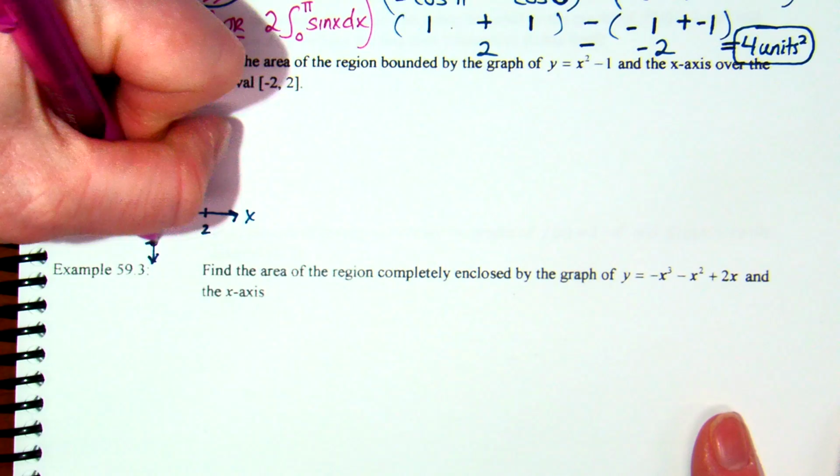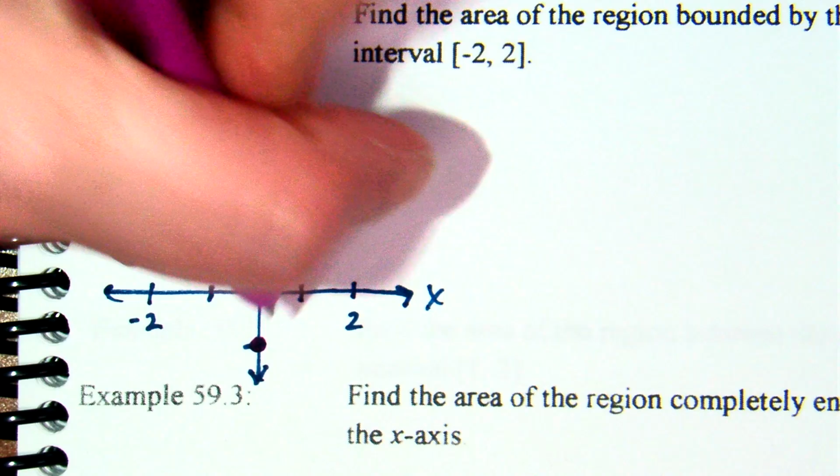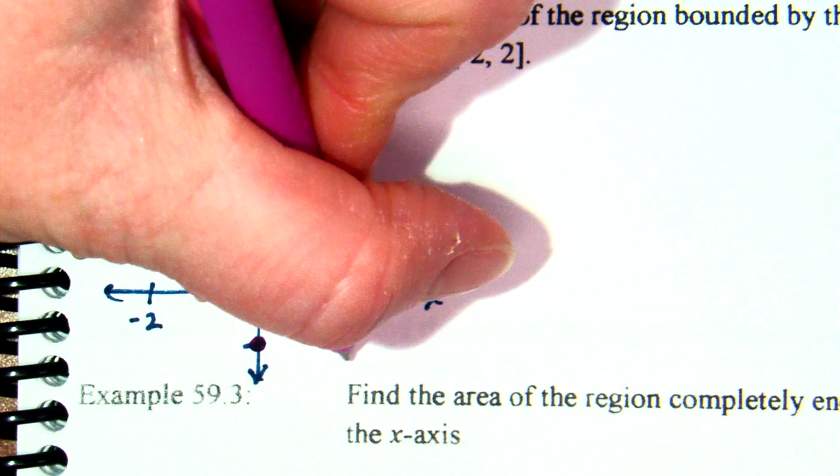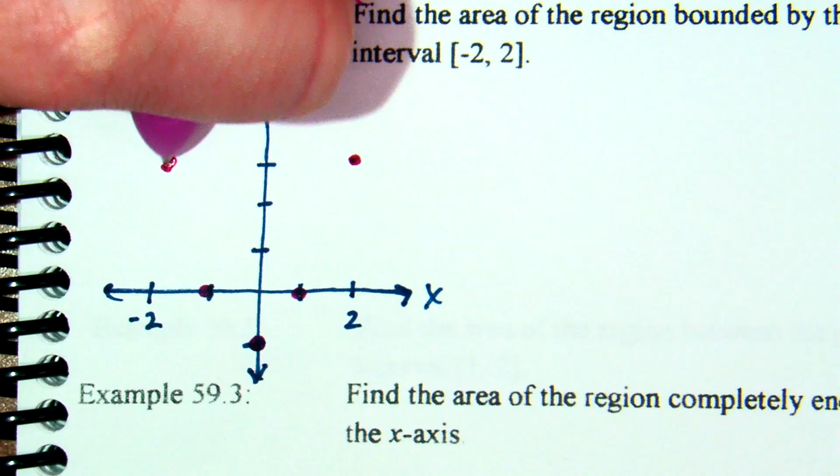From that vertex, which is down 1, my first set of points go over 1, up 1. So those are going to be at 1 and negative 1 on the axis, right? My next set of points from the vertex go over 2, up 4, which puts me at 2, 3, and negative 2, 3. Does that make sense?